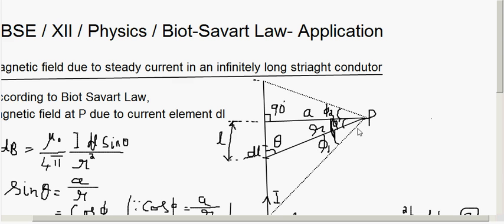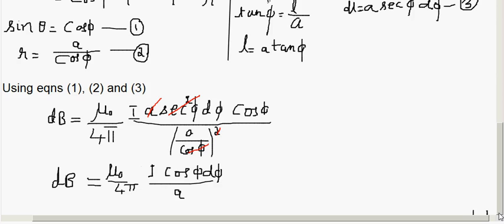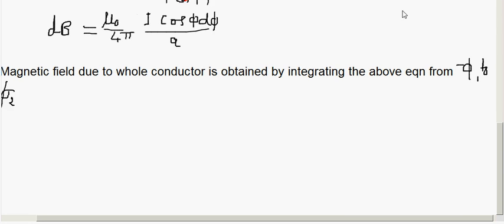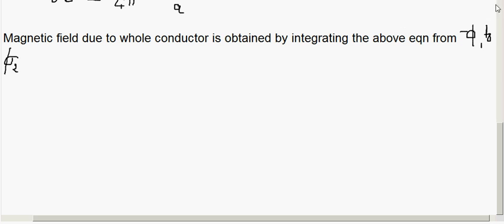The negative sign came because we are taking the angle phi 1 from point P in the anti-clockwise direction. The magnetic field due to the whole conductor is obtained by integrating the above equation from minus phi 1 to plus phi 2. Now let us integrate.